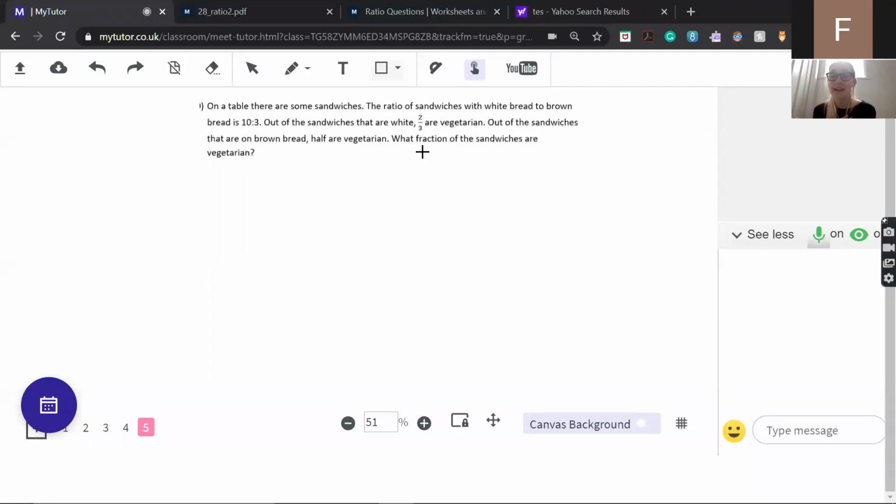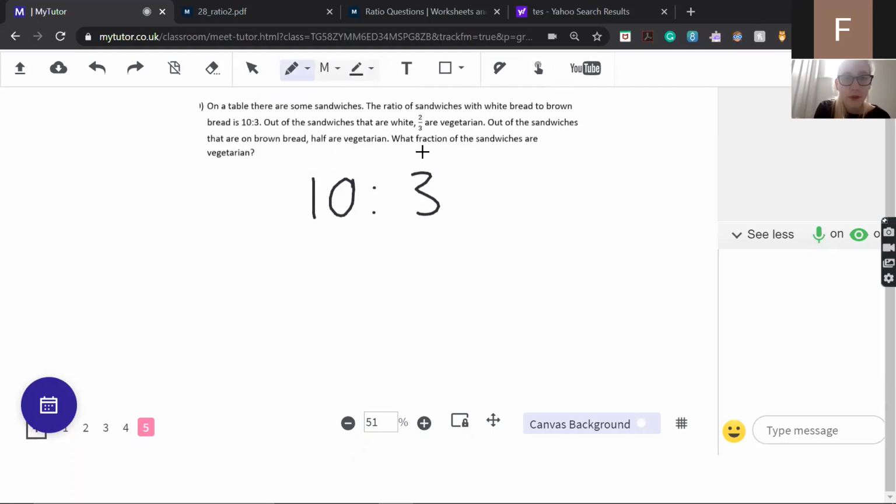So this is exactly what I was describing, where you will have to do it using this method. So we're going to write out 10 to 3. These sandwiches here are the white bread sandwiches, 10 of them out of these 13.